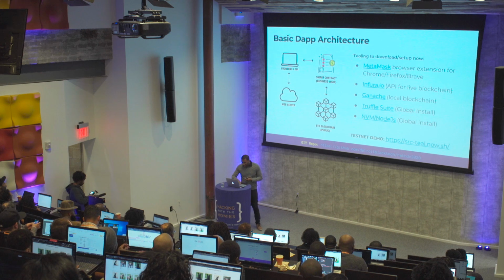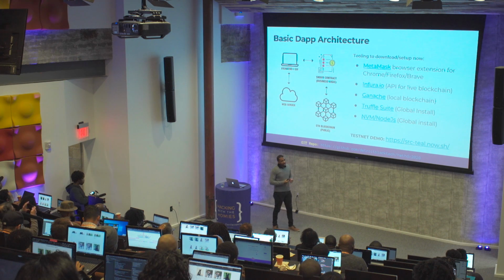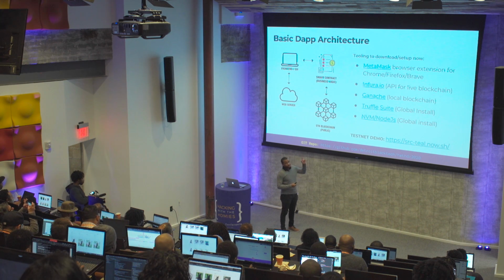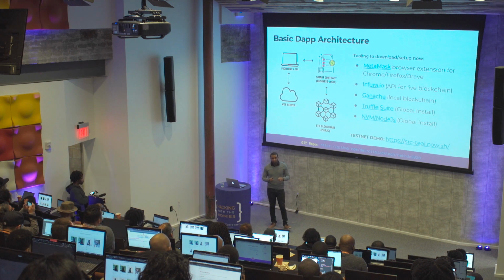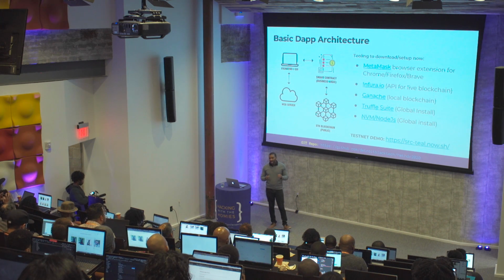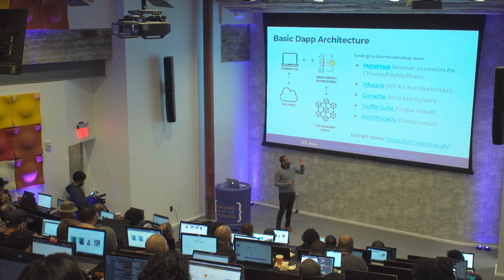All right? And there are a few tools that I would like you guys to download as well. To interact with the blockchain, you're going to need a browser extension known as MetaMask. You don't always have to use MetaMask, but for the purposes of this demo, this is the most ubiquitous technology out there. So just download that if you can.